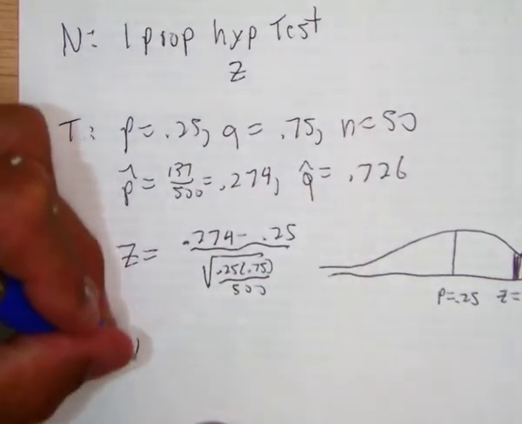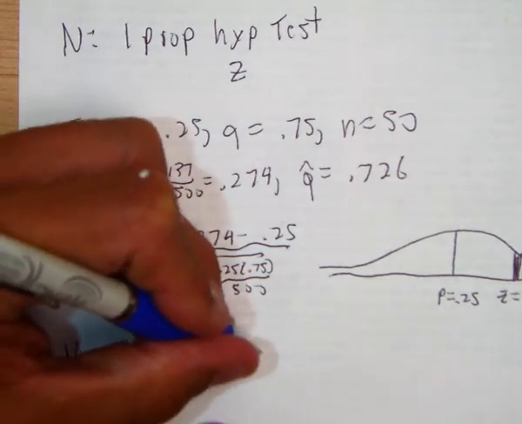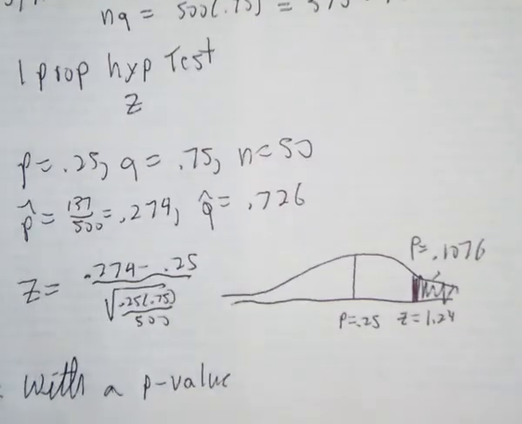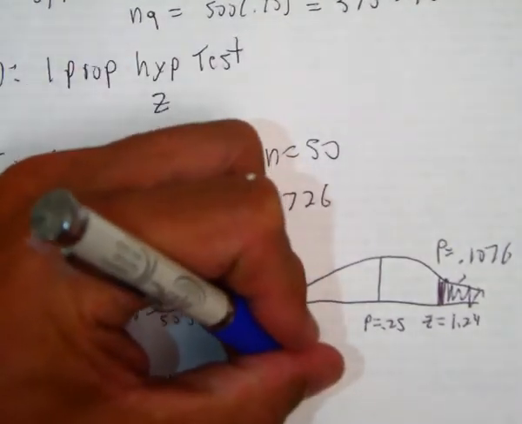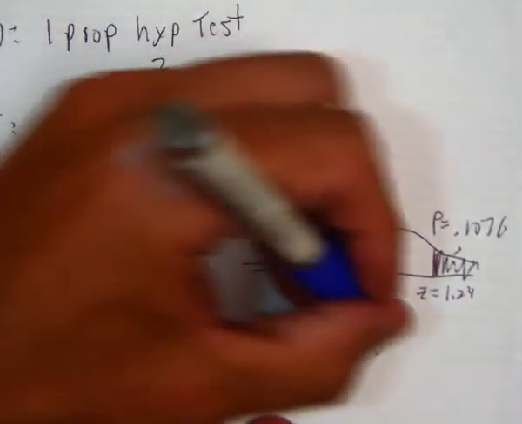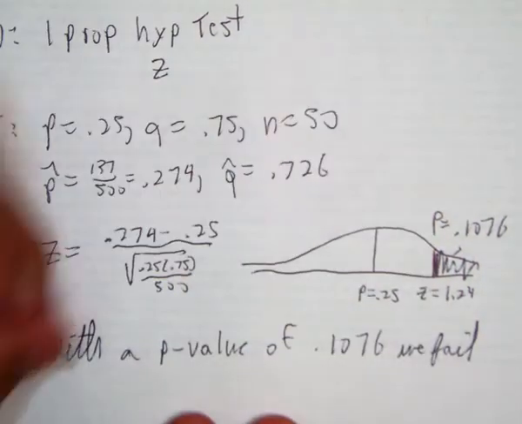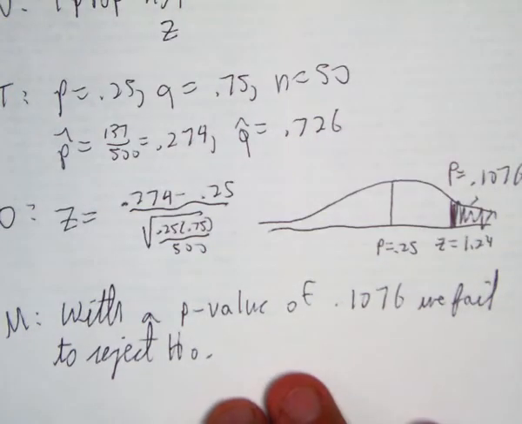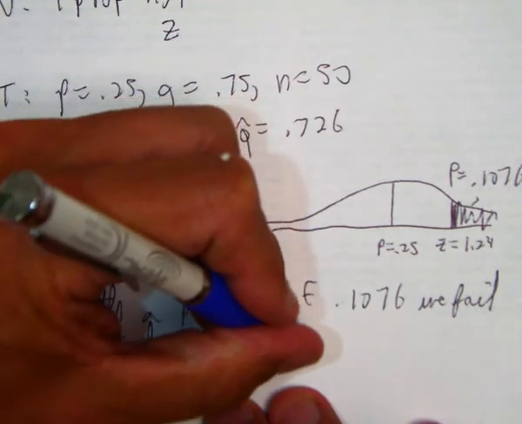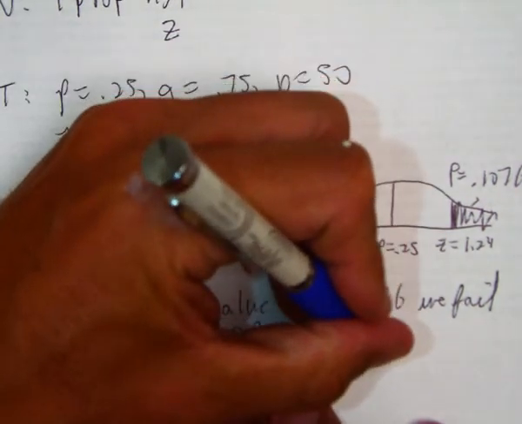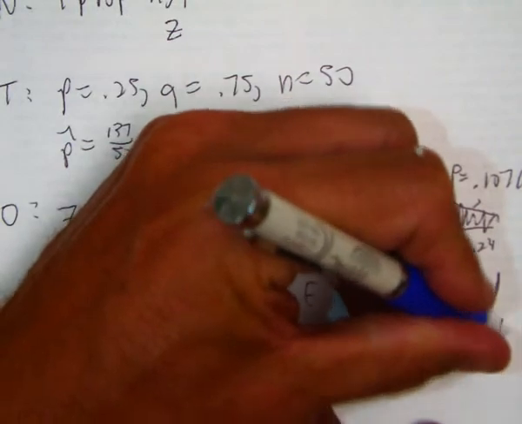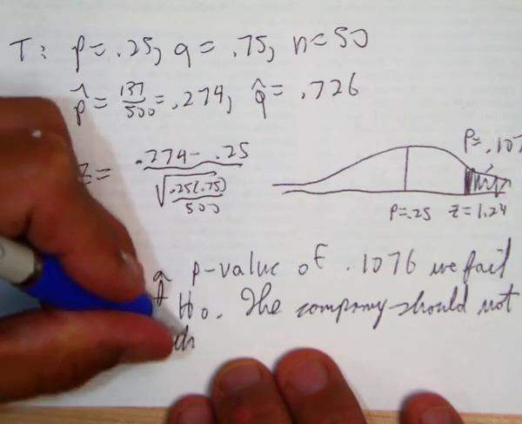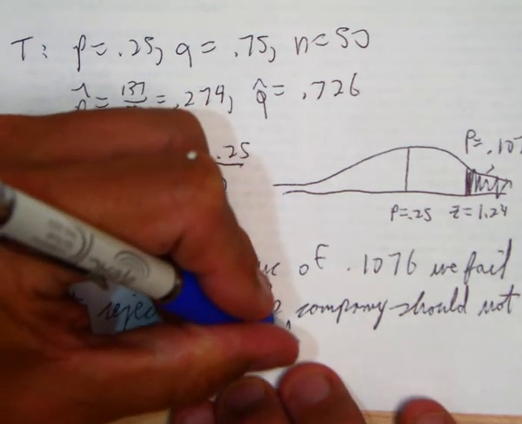So with a P value, by the way, this is big P, the p-value of 0.1076, we fail to reject H0. So what does that mean? The company should not proceed with an online edition.